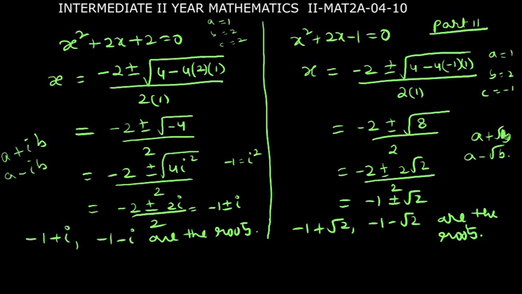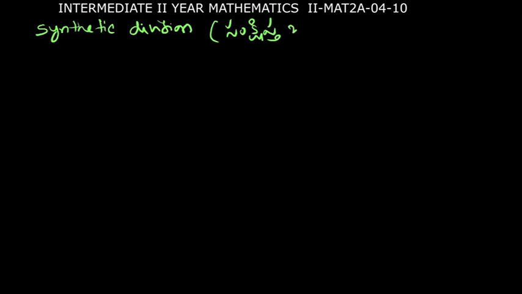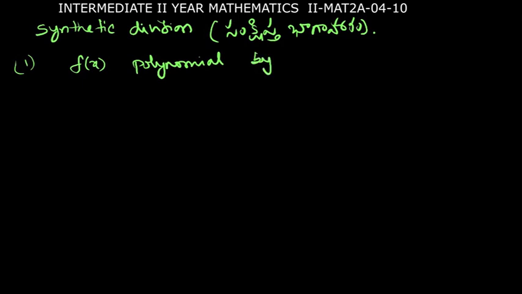Roots that are either complex or irrational, right? That tool is also a part of synthetic division, the Sanchikta Bhagahar. In the first part, we divided the polynomial expression by x minus a and got the quotient and remainder.